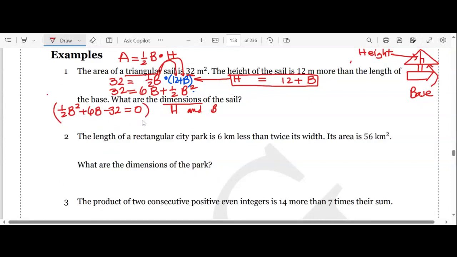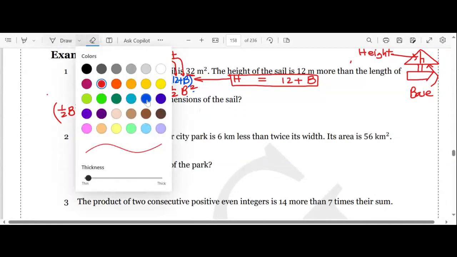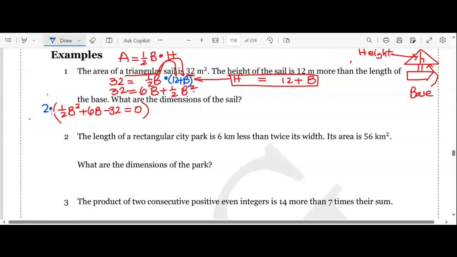To get rid of the half, what should I do? What should I multiply by? 2. Times 2, correct.